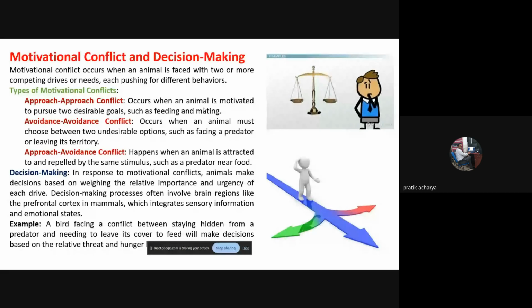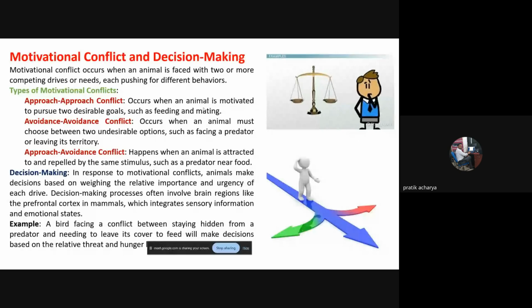Avoidance conflict occurs when an animal must choose between two undesirable options, that is, facing a predator or leaving its territory. Both are important. Territory maintenance is important, and protection from the predator is important.